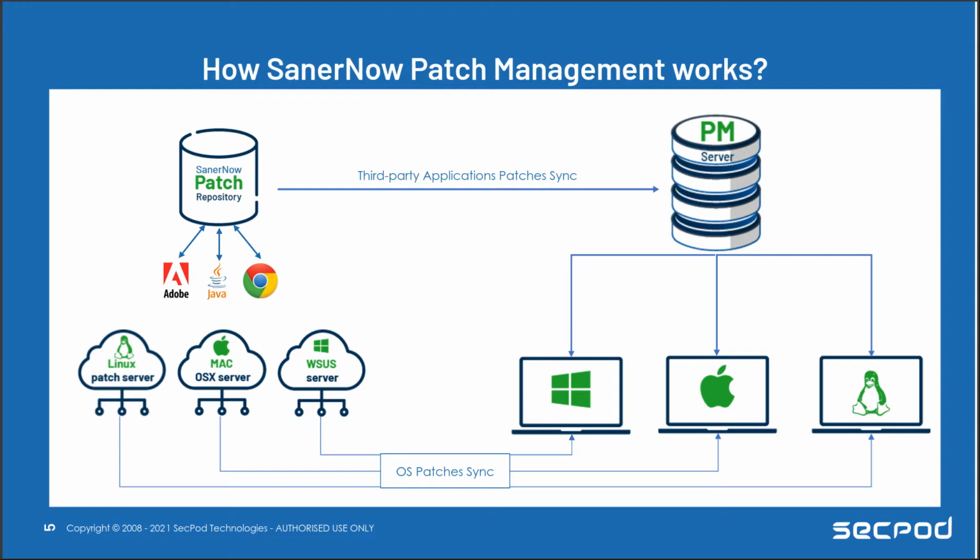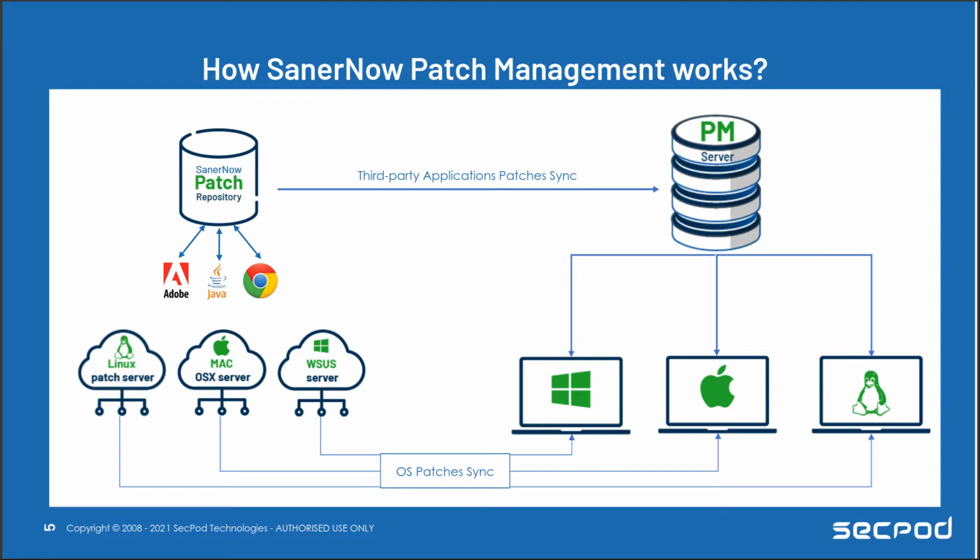When it comes to operating system patching, agents of different platforms will be in continuous sync with their own patching servers. For example, Windows has its own Microsoft patching server. Also, users can set up a WSUS server in their own network. The agent will be connected to the server, and from there we will be able to achieve operating system patching and application patching.